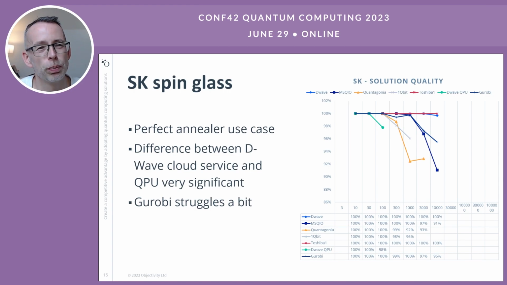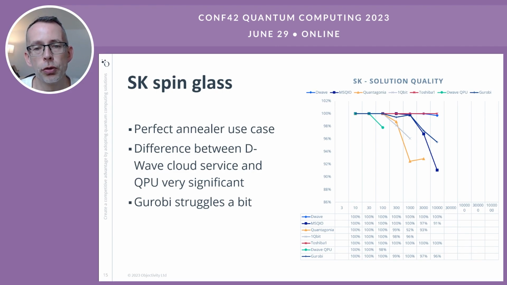Does pretty well, starts to drop off a little bit at 3,000, 10,000 variables, but does a pretty good job. A startup, Quantagonia, which at the time of testing was in a really early stage, with a sort of maximum number of variables of 8,000. So, you know, this is clearly sort of an early effort.